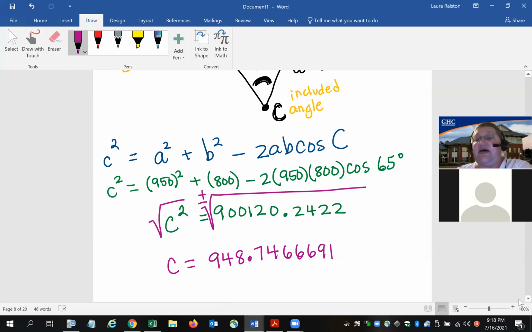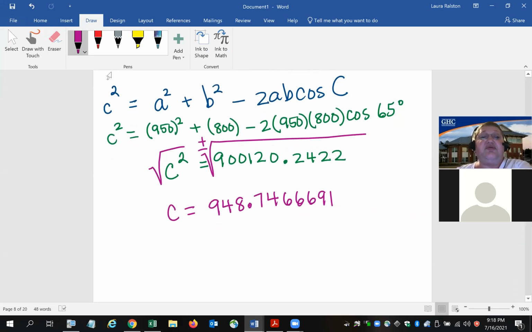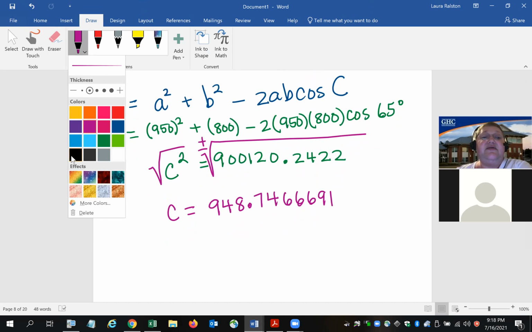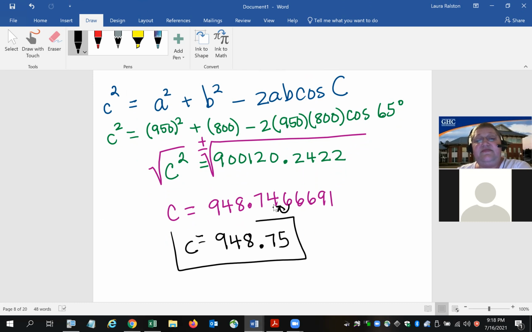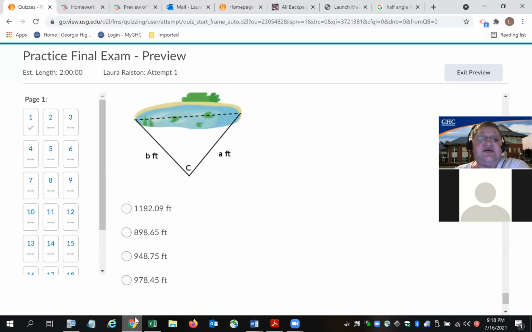The 4 is in the second place. The 6 is next door, so it's going to bump it. This becomes 948.75. And there's our answer, and I think that was one of the choices. It was.